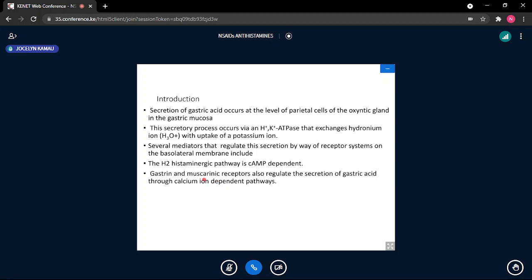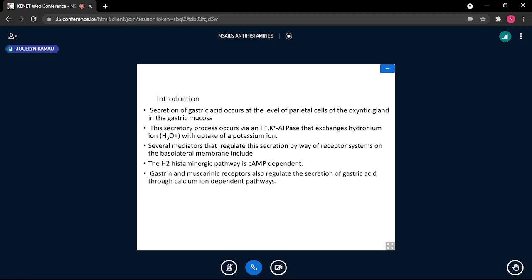So gastrin, acetylcholine at muscarinic receptors, and histamine can trigger this release of hydrochloric acid. So receptors also regulate the secretion of gastric acid. Remember, the release of HCl works through calcium ion dependent pathways. The other one is cyclic AMP.